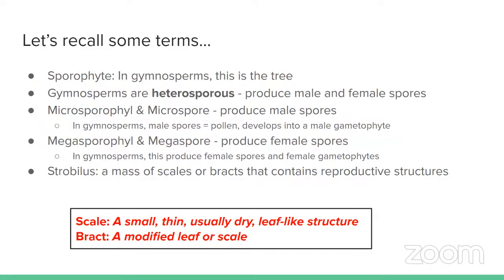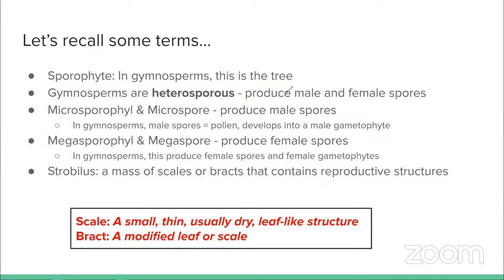Gymnosperms are going to be heterosporous, so they're going to produce both male and female spores before they produce those seeds. Okay, so we want to remember some words related to heterosporous plants. A sporophyll is like a modified leaf that can produce spores. Our microsporophylls and our microspores were male structures.